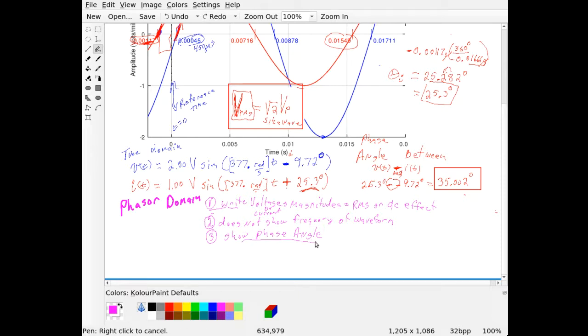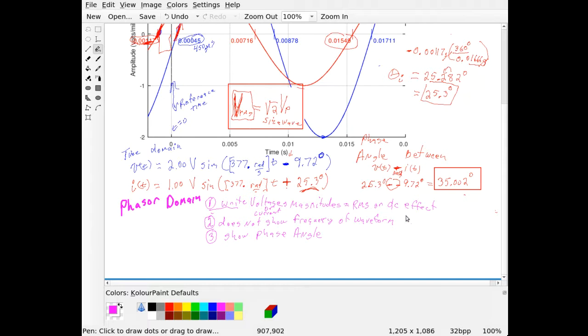That's kind of a hint that we need to keep the phase angle and the magnitude of the voltage, but we're going to ignore the frequency.